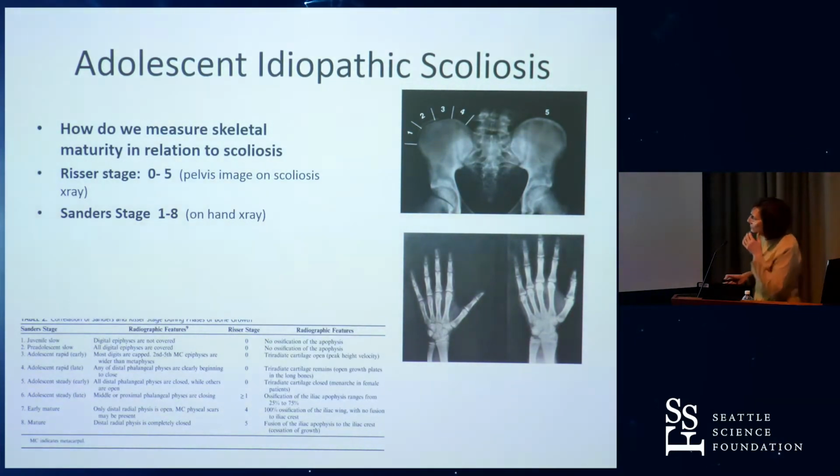But as you can see here, Dr. Sanders identified that really a lot of the action, the peak height velocity, is happening before this really can be visualized well on X-ray, where we might be able to more definitively intervene.